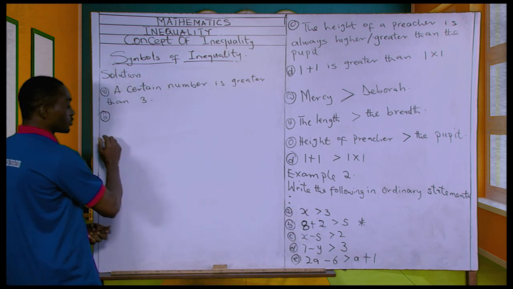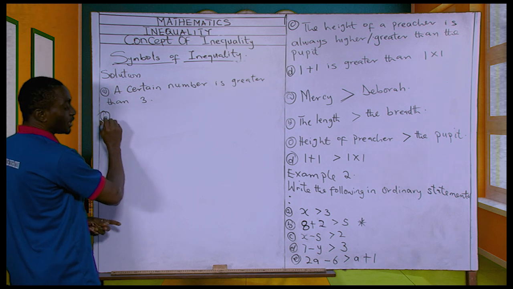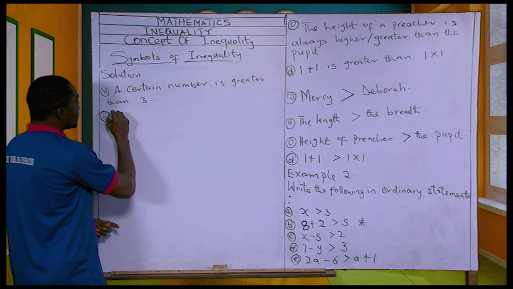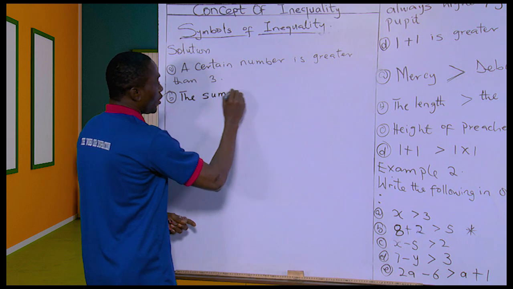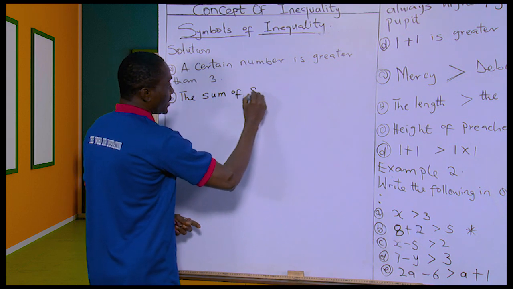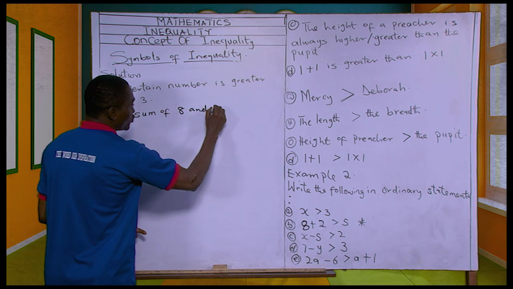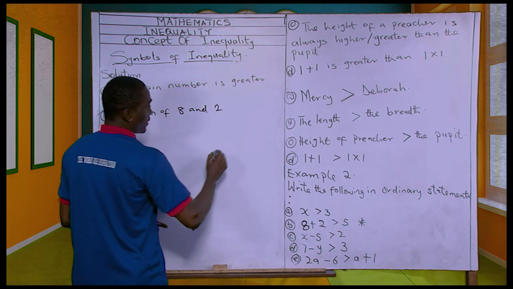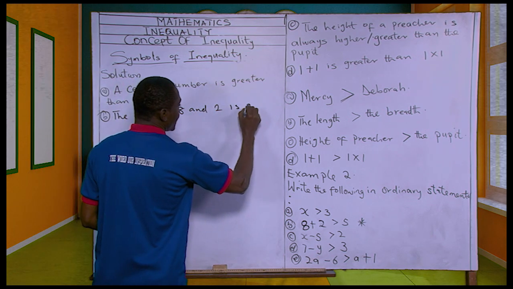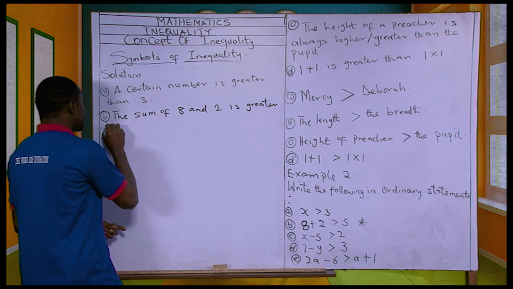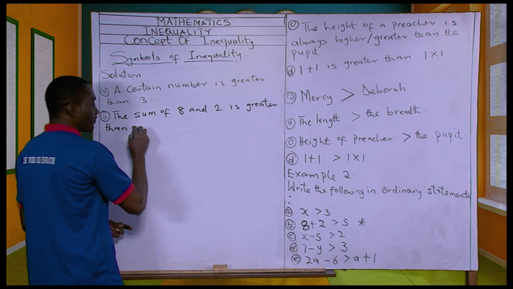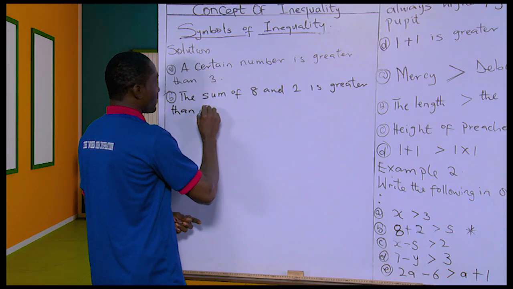So let's make use of that. This will now be: the sum of 8 and 2 is greater than 5.